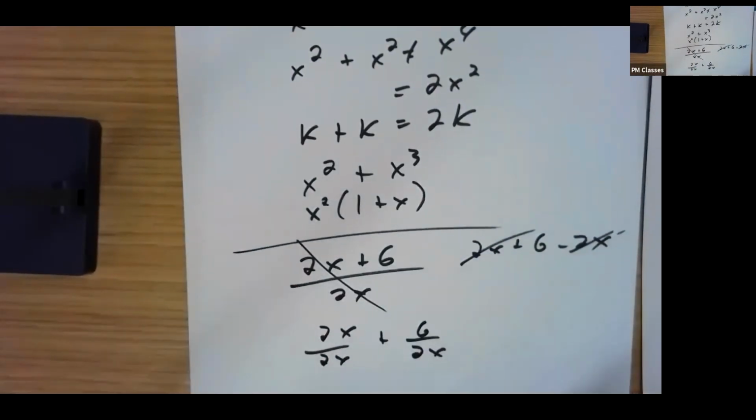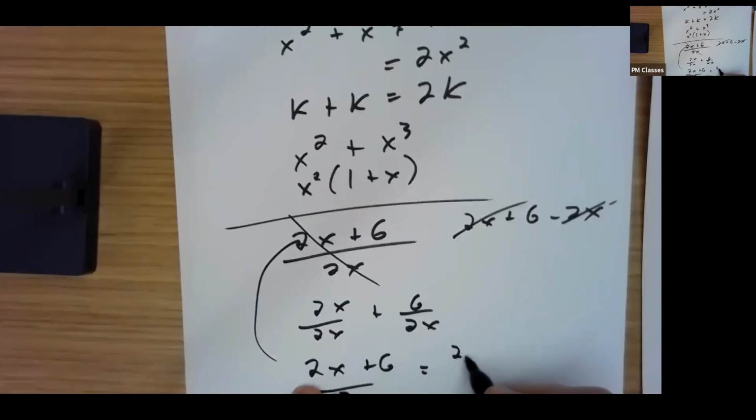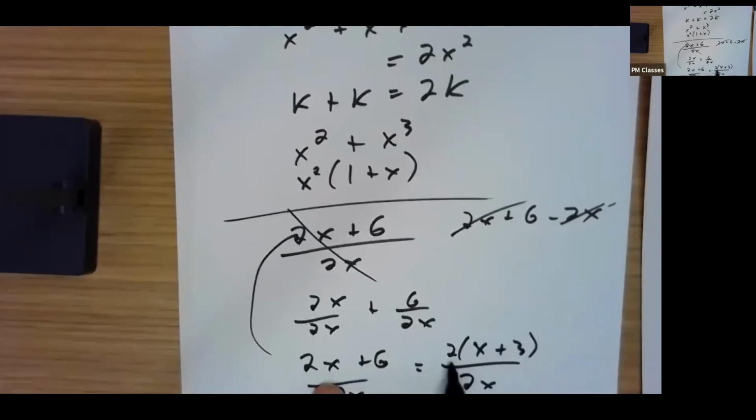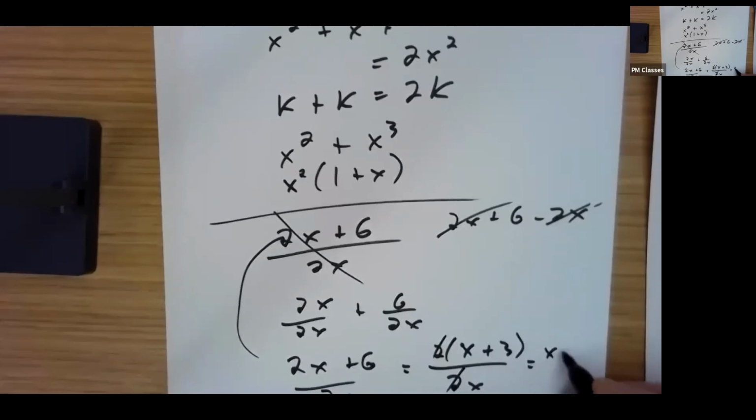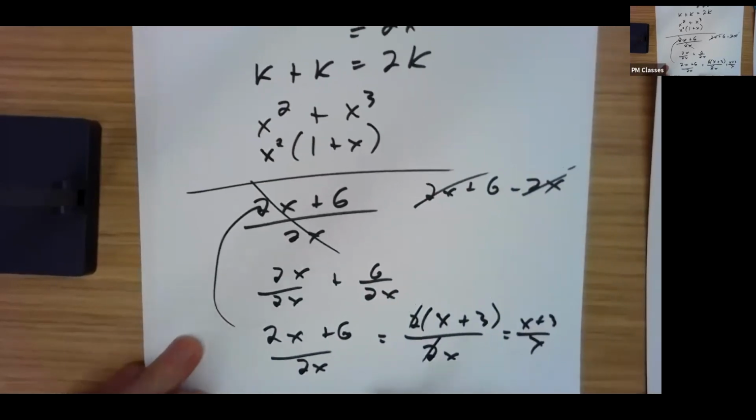What I could do if I wanted to is factor that and take a 2 out of both the 2x and a 2 out of the 6. So I have 2 times (x plus 3) over 2x, and then I could cancel the 2 out of both and have (x plus 3) over x. So that's permissible, but that other business not so much.